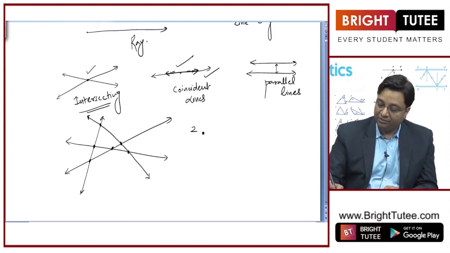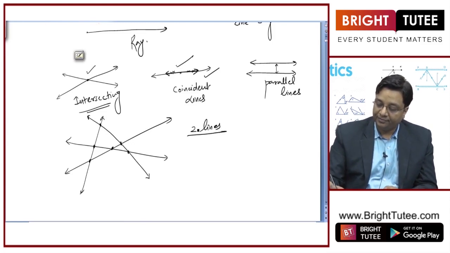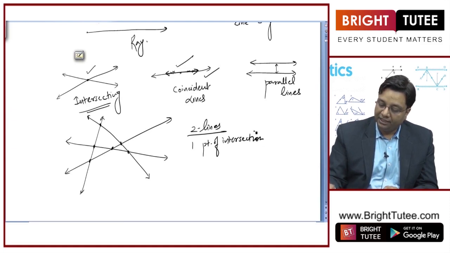So what did we observe? Two lines had 1 point of intersection. When there was a third line, 3 lines total gave us 3 points of intersection.